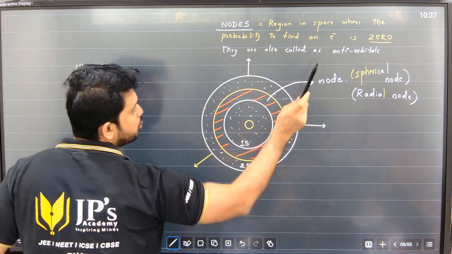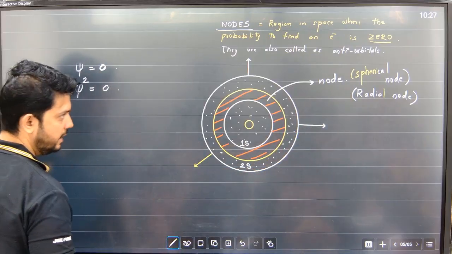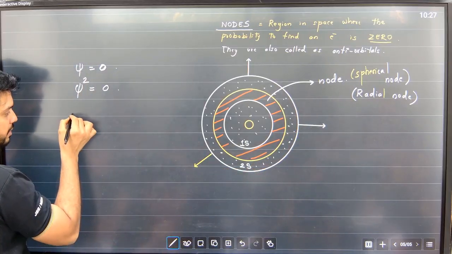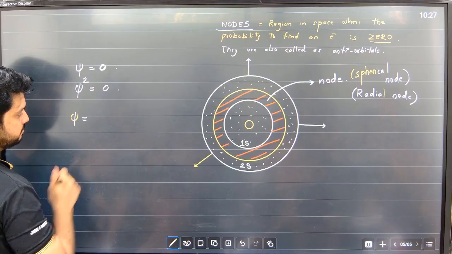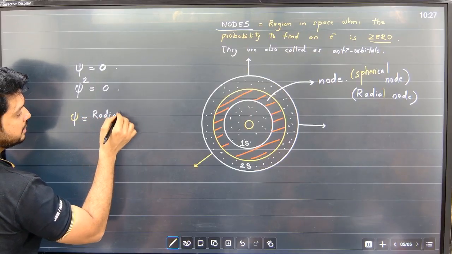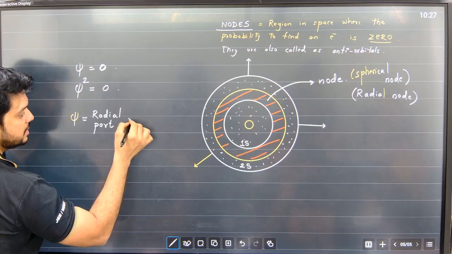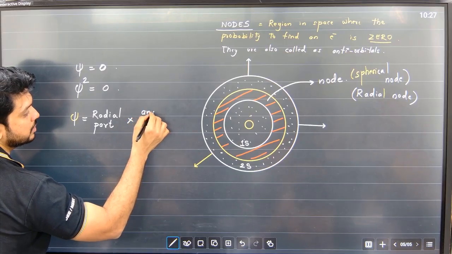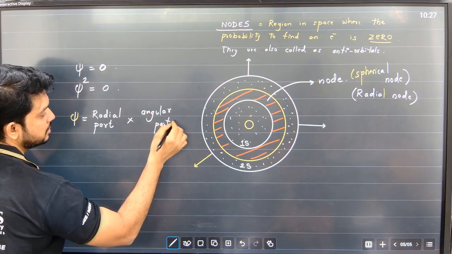What is the type of node? हमने क्या लिखा है यहाँ पे? It's called a spherical node or radial node. It is because wave function is divided into two parts. Wave function के एक part को हम बोलते हैं radial part of the wave function, and there is another part of the wave function जिसको हम बोलते हैं the angular part of the wave function.